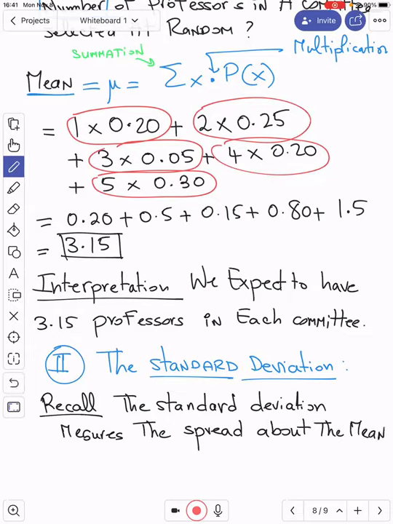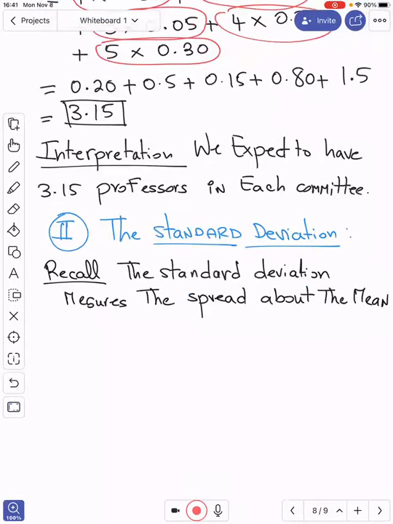Anyway, so for this probability distribution, what we're gonna do, guys? The standard deviation is gonna be given by... When we have a population probability distribution, we're gonna denote the standard deviation by sigma.